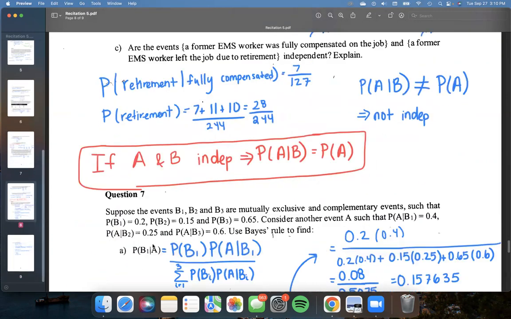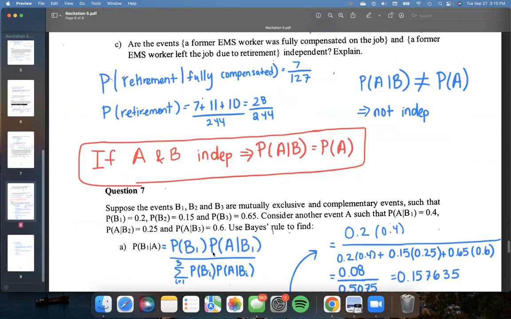The probability of B1 given A equals the probability of B1 times the probability of A given B1, divided by the summation, from i equals 1 to 3, of the probability of Bi times the probability of A given Bi.